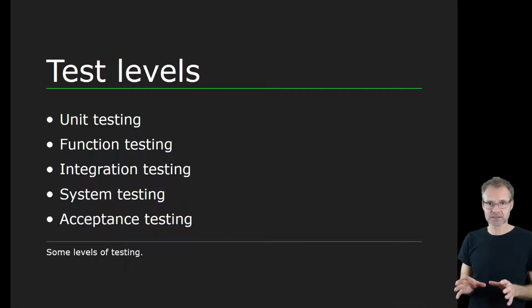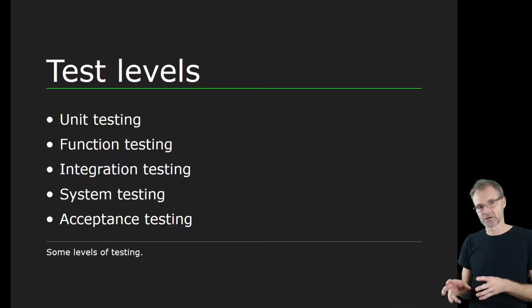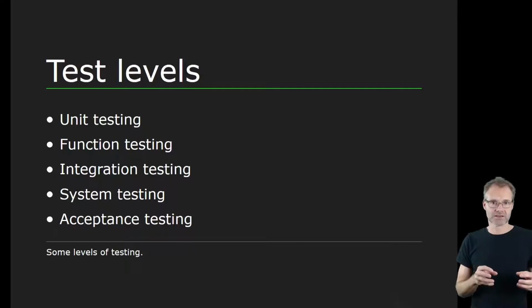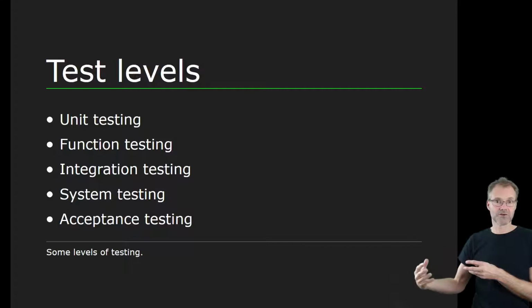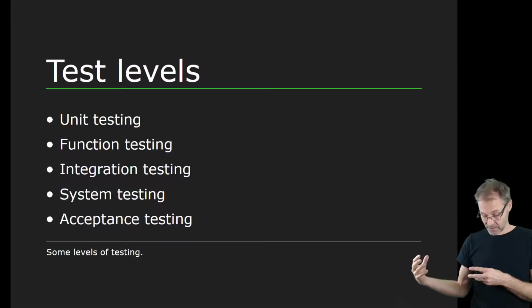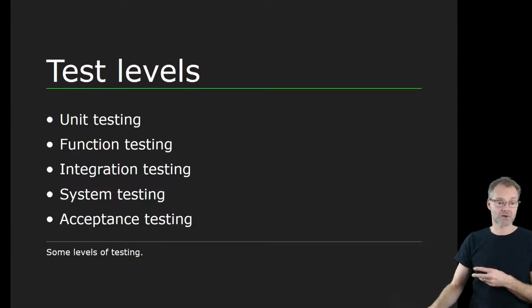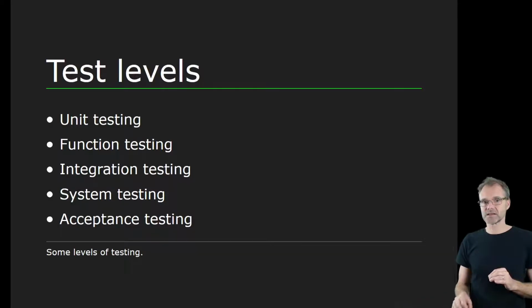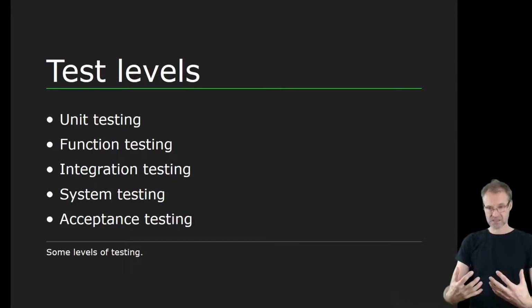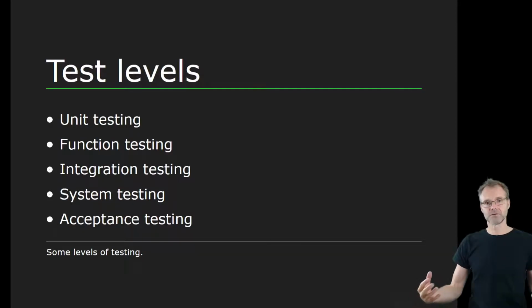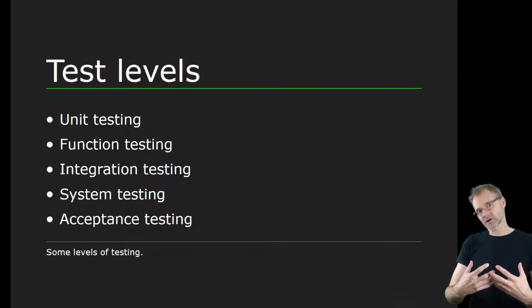Function testing is about verifying that a specific feature is working correctly. So we're testing specifically that feature that then could be implemented with many different modules in the background. Integration testing is when we have a lot of modules that must come together to become an application, and we perhaps need to do some testing to verify that the integration actually works.